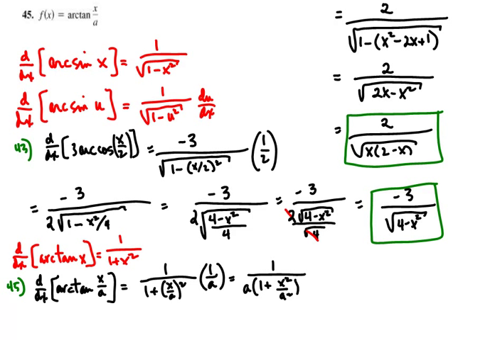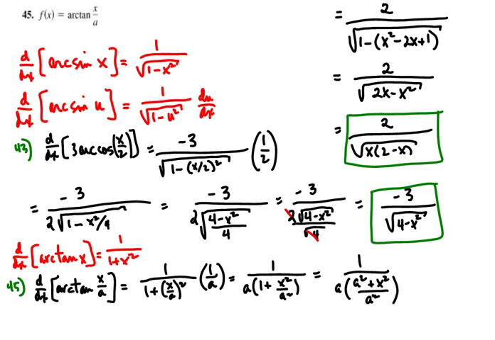And we could multiply the number 1 by a squared over a squared. And when we do that, we'd get a squared over a squared plus x squared over a squared, and then we could combine the two terms over the denominator a squared.